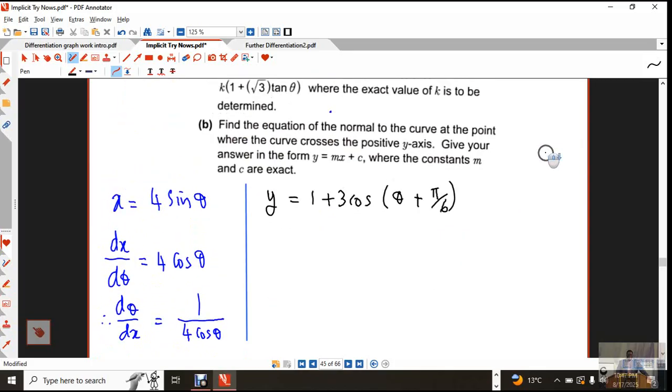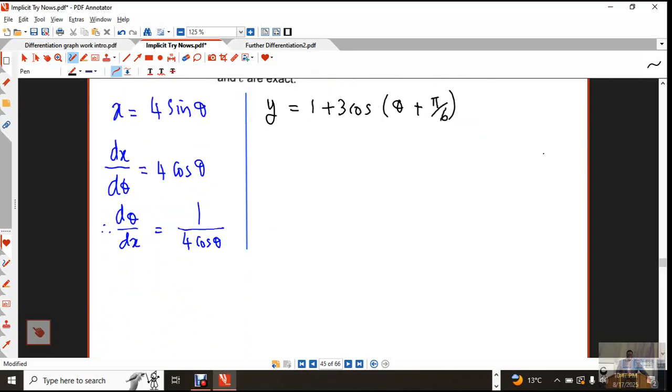All right, so let's find dy/d theta. Before I start doing the derivative of that, maybe I should clean up a bit. It's quite a handy thing to do, because in here you have this compound angle here. So I'm going to do that also.